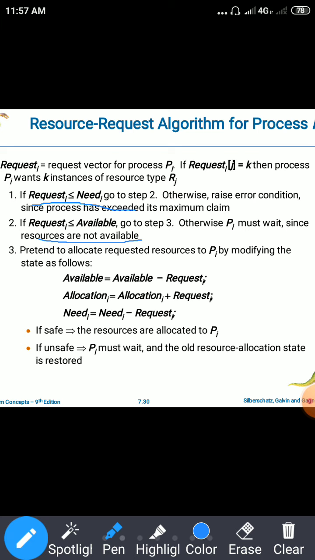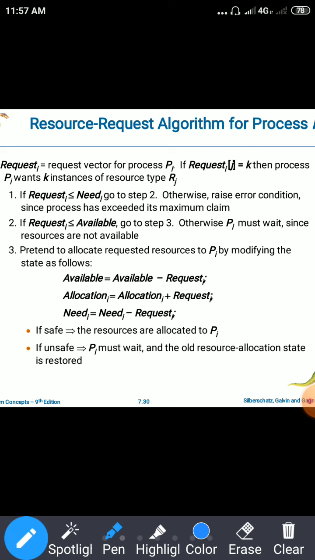Then the process PI gets the CPU, or the CPU is allocated to the requested process PI. So after allocation of the CPU to the process, we will pretend that we allocated the requested resources to PI by modifying the states as follows. Now available is equal to available minus request. Why?